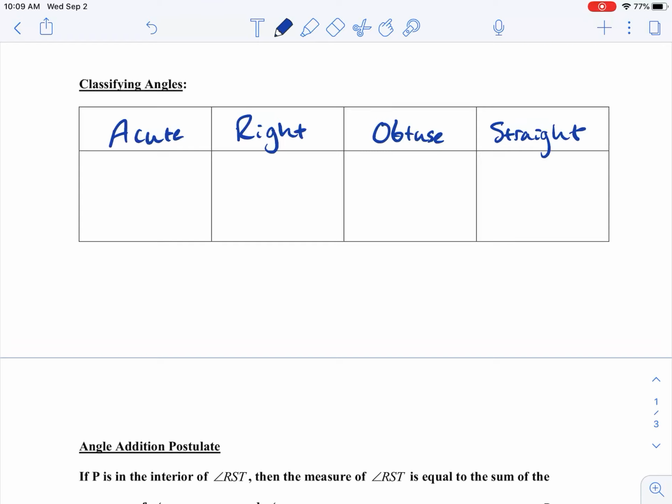If we're talking about an acute angle, the measure of the acute angle is going to be between 0 degrees and 90 degrees. Actually, let me notate this a little bit better. If it's an acute angle, it's going to be greater than 0 and then less than 90.